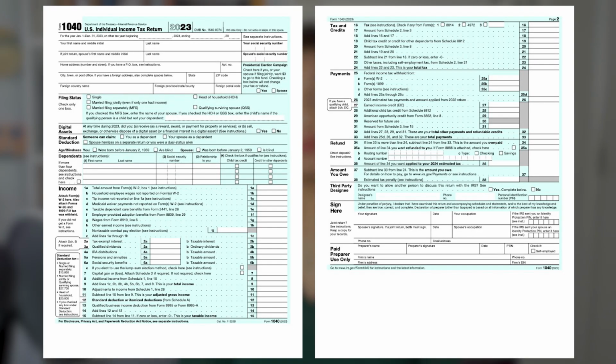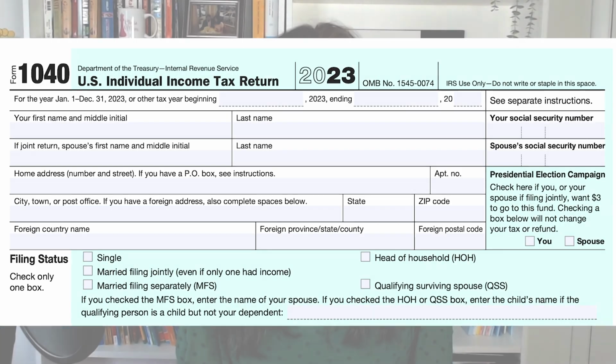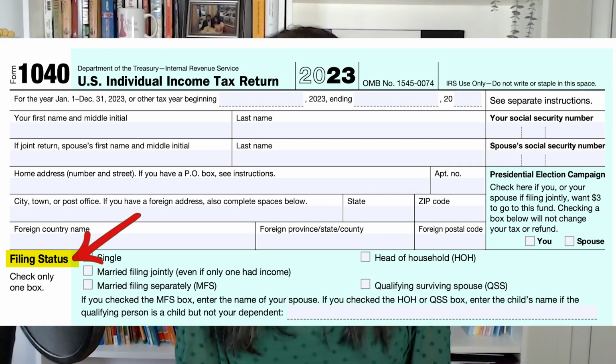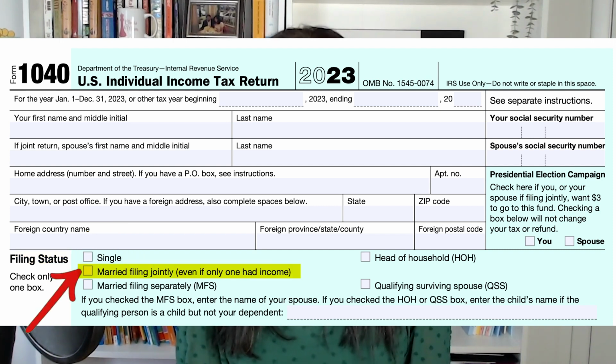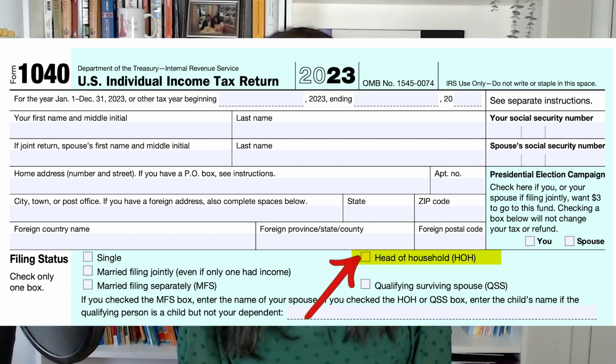This is Form 1040 for 2023, which you will file with the IRS this year if you are a US taxpayer. Let me show you the basic layout of this form. The top section indicates your filing status. The most common three being single, married filing jointly, and head of household.